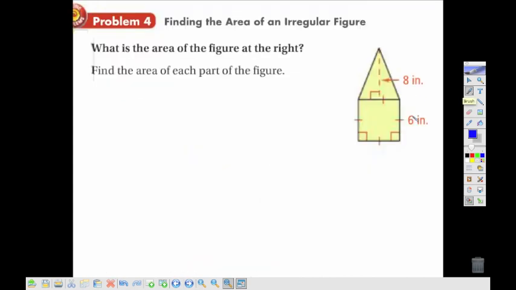In this example, we have a composite figure, which means we're putting two shapes together. So when we want to find the area, we want to think about just adding the areas together. So the area of the square plus the area of the triangle. So first, the area of the square would be the same as a rectangle, base times height. So all the sides are 6, so it'll just be 6 times 6, or 36 inches squared. For the triangle, we use our formula 1/2 base times height.